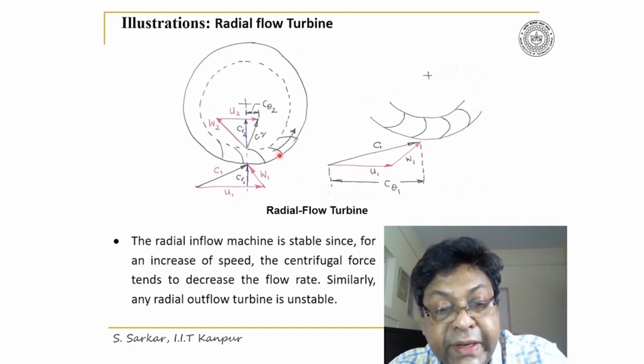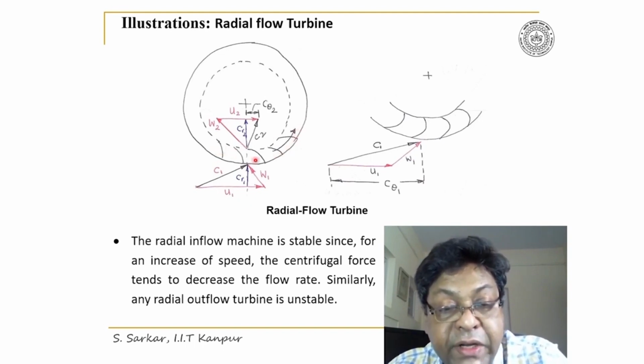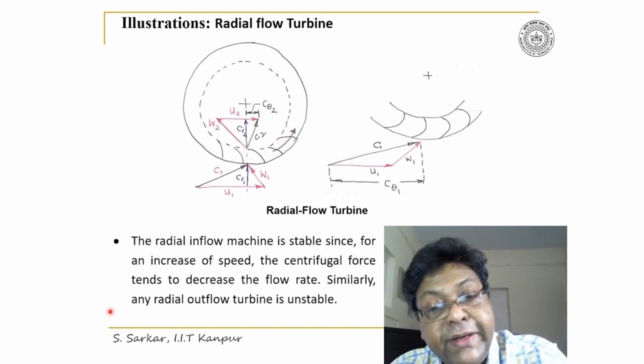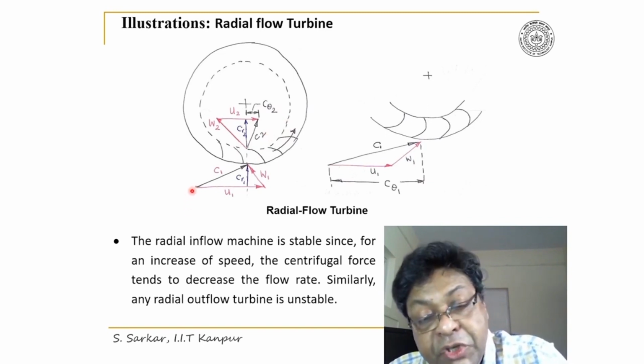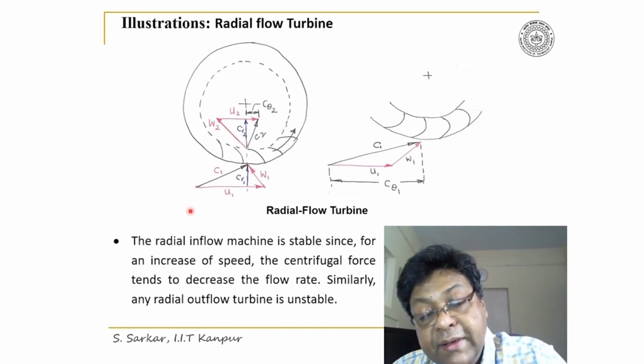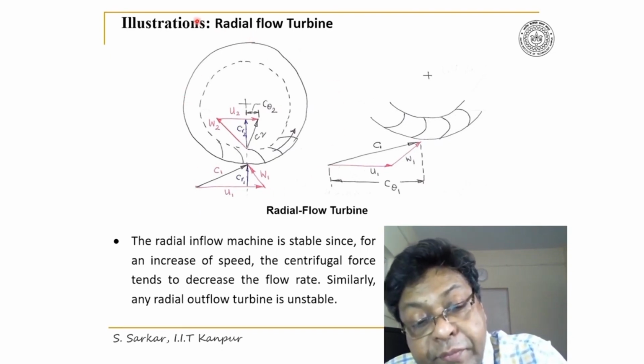I have illustrated the direction of rotations. You note that in a turbine, C2 will be less than C1. C1 will bring the kinetic energy to rotate the machines.